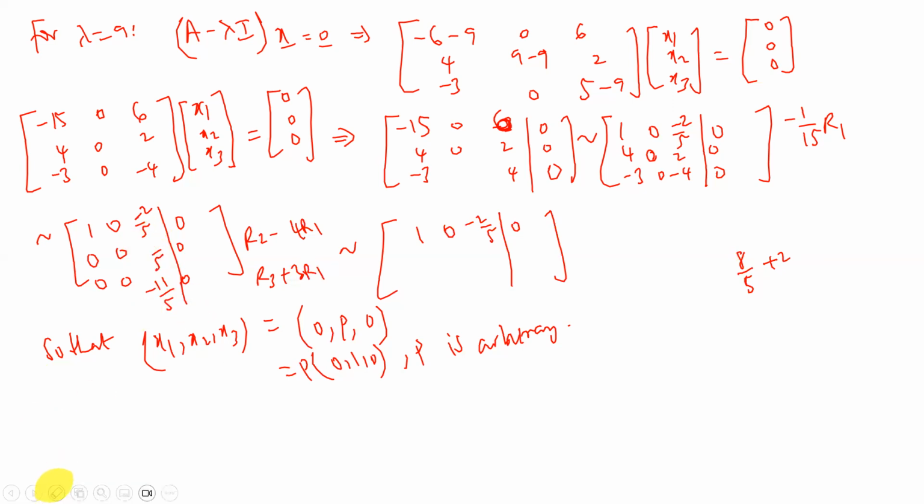18. It's going to be 18 out of 5. Right, because you're saying row 2 is this one, which has the entry 2, minus 4 of that is 8. And then row 3 plus 3, row 1. What is row 3? It's minus 4.